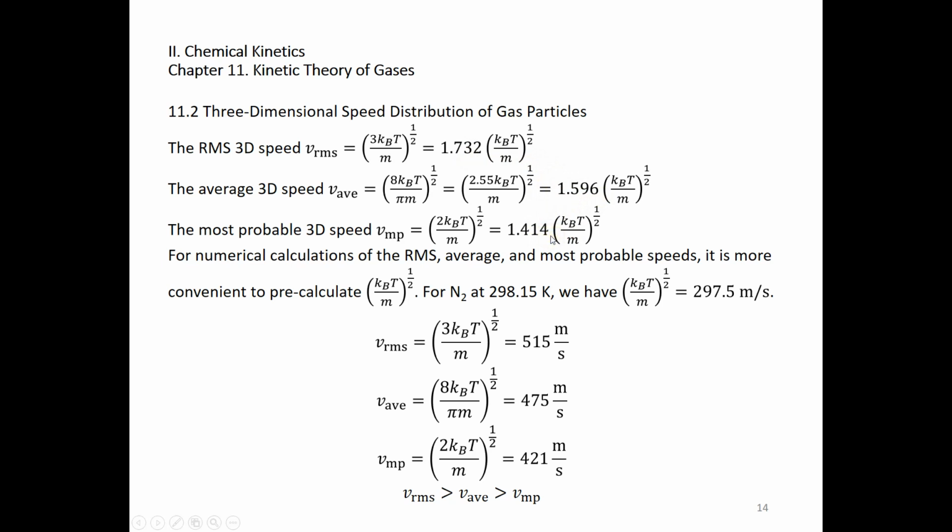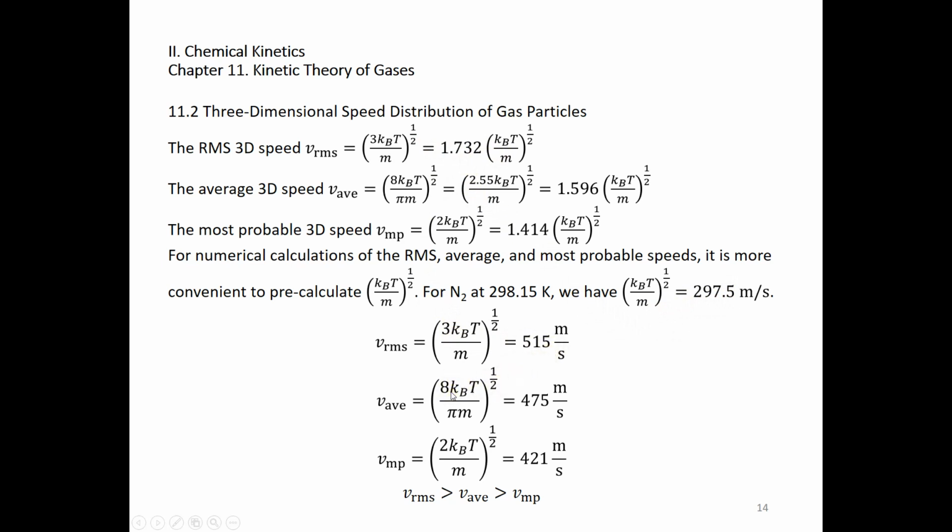Now let's look at a numerical example. Let's look at the RMS, root mean squared, average, and most probable speeds for nitrogen gas at room temperature. It's more convenient to pre-calculate the square root of kBT over m, so I did that here, and then multiplied by the square root of 3, we get the RMS speed.